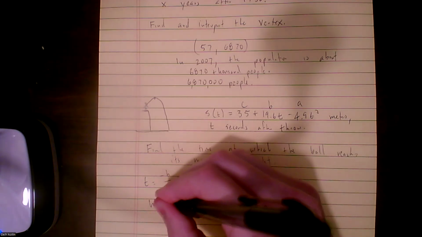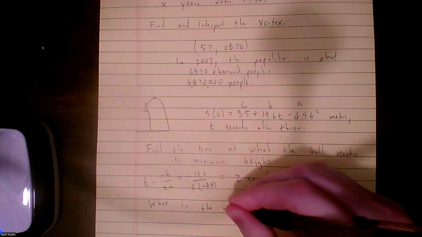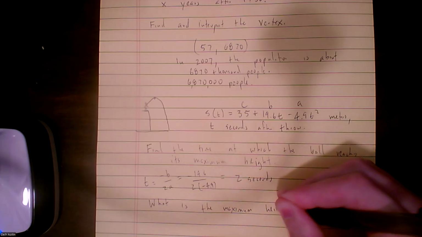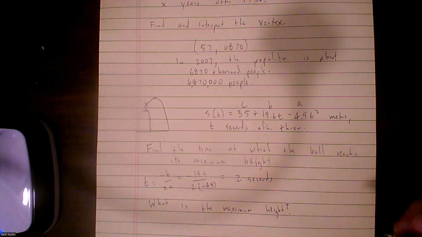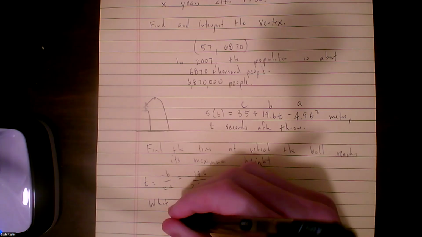Okay, then I might ask you the next question, what is the maximum height? Okay, if I want to do that, I'm just going to take this 2, I'm going to plug it back into this equation over here.